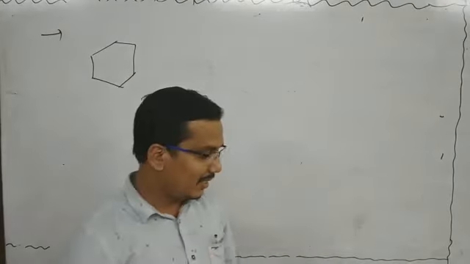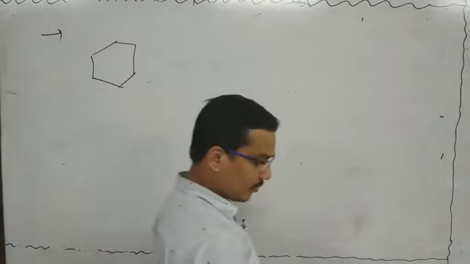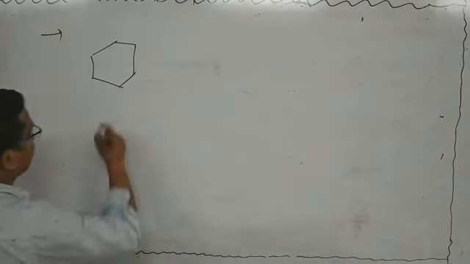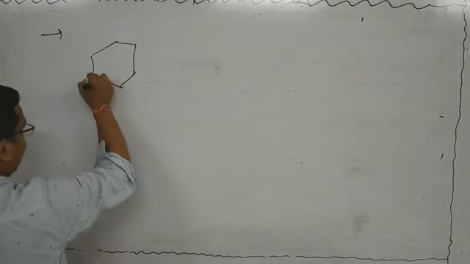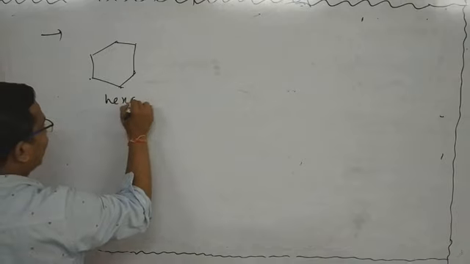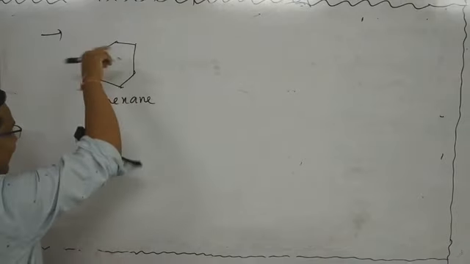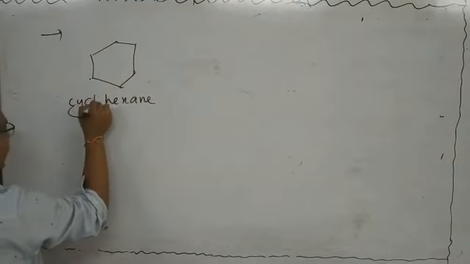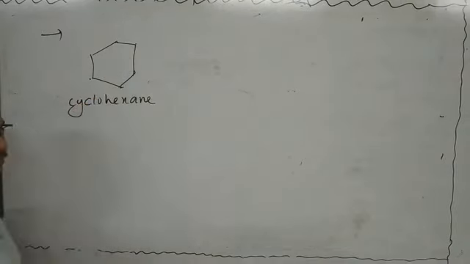This is a cyclo compound, and what will be the name? 6 carbons are present, so that is hexane. This is the cyclic form, so we generally use cyclo. It is said to be cyclohexane.